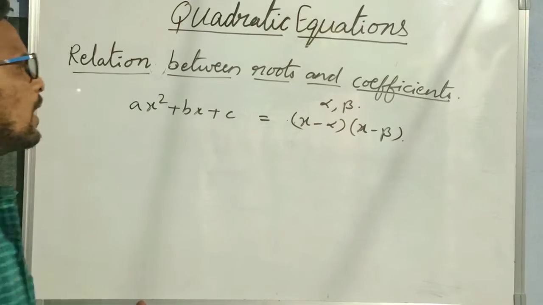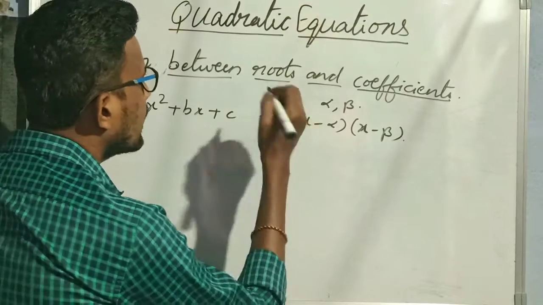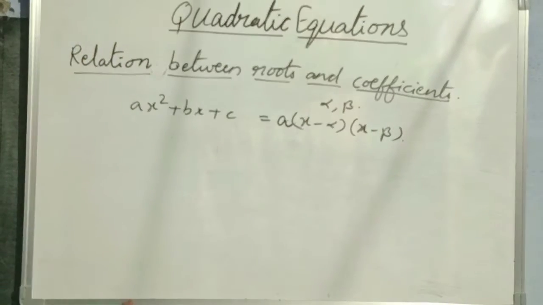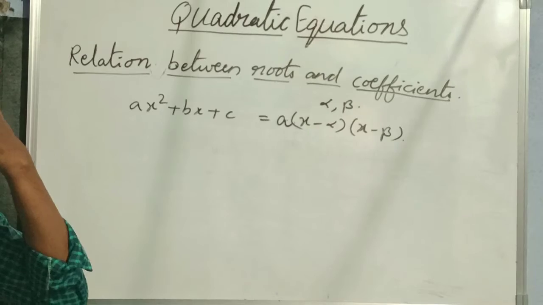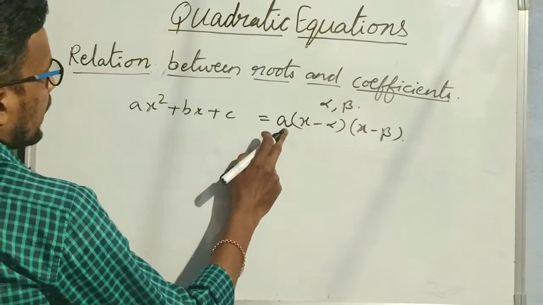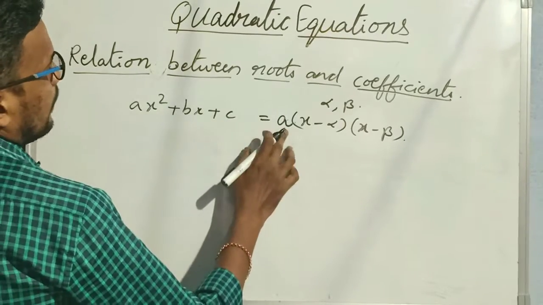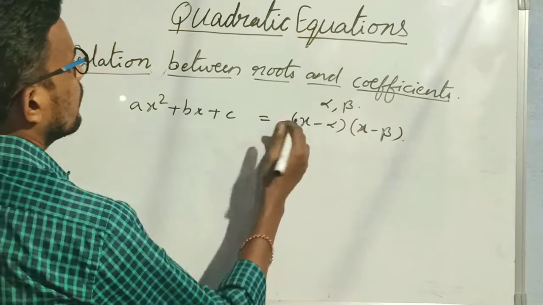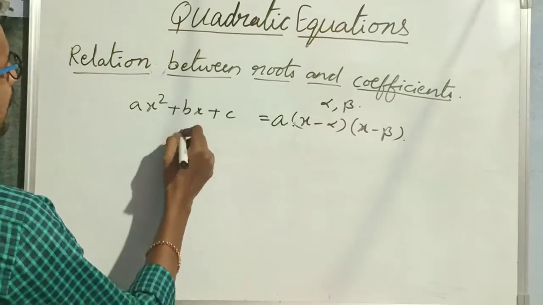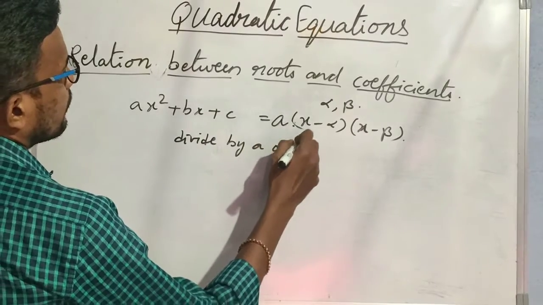But here I have a, so here I have to multiply a here also, so that I will get a into x square. Clear? But instead of multiplying a here, if I divide the complete equation by a, I will get this equation without a, right? So divide by a on both sides.